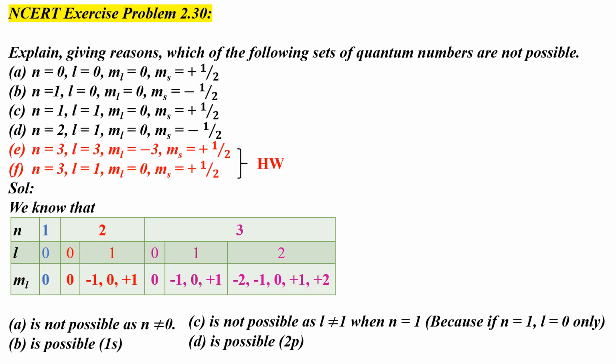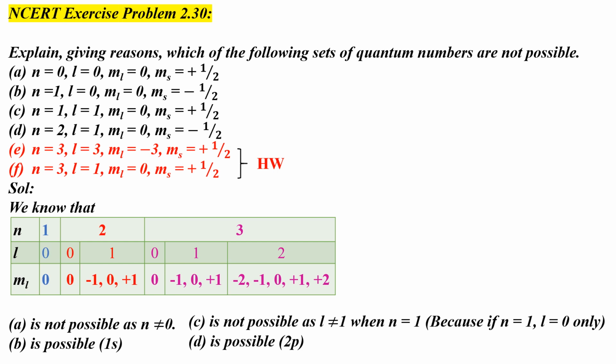So it means s orbital. When L is 0, ml can have only one value which is 0. So this means that the orbital specified has only one orientation in space. These three quantum numbers indicate the s orbital, 1s orbital. So this set of quantum numbers is allowed.